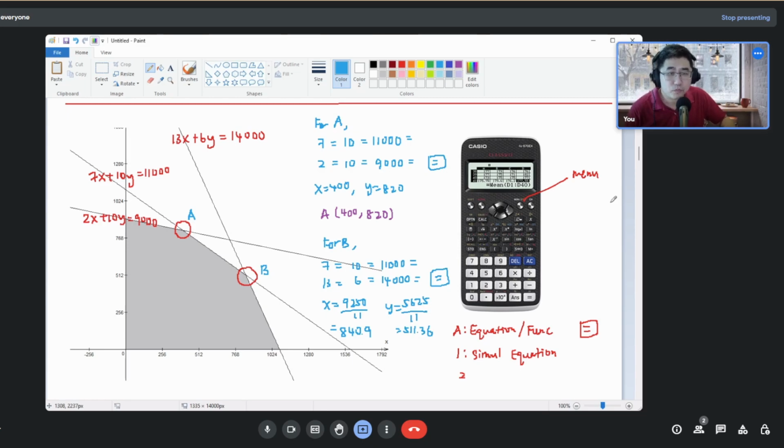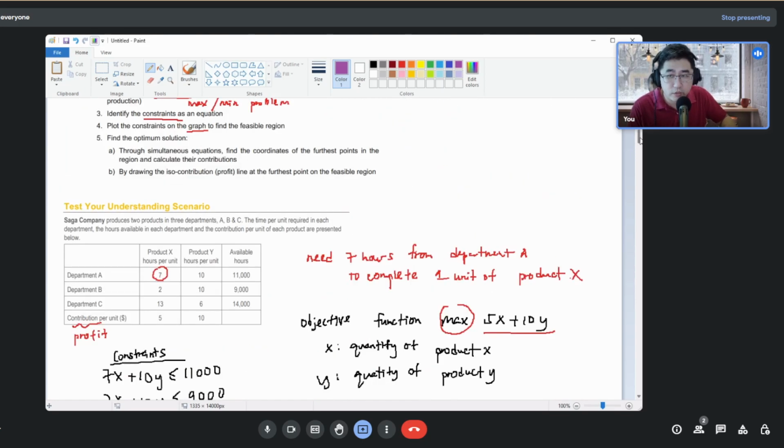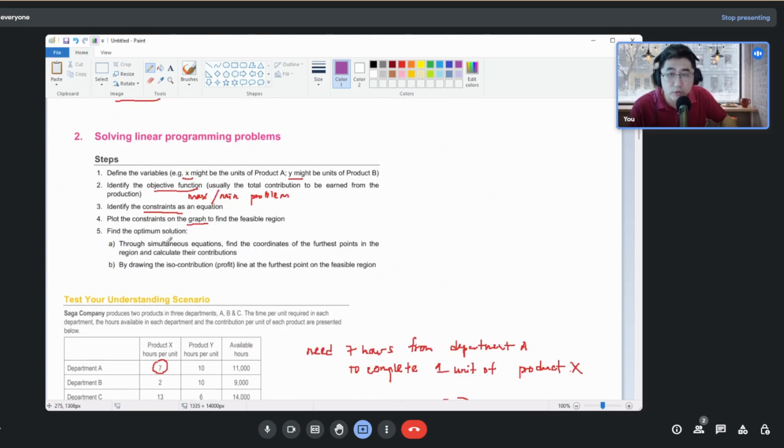Therefore, this coordinate B will be 840.9 and 511.36. This is how we use our calculator to get the coordinates of A and B, which fulfill our simultaneous equation steps.